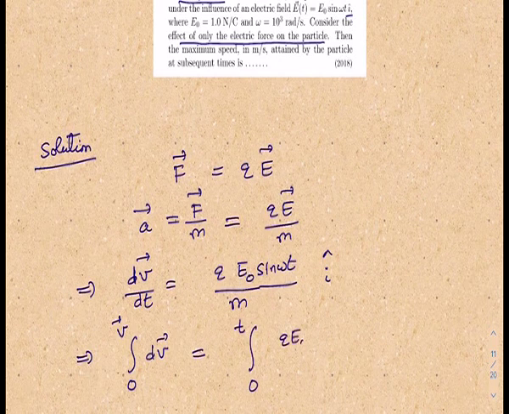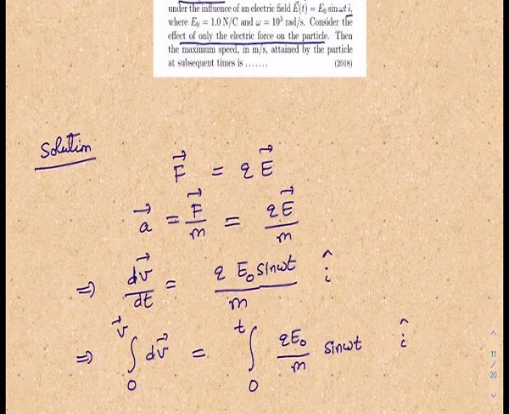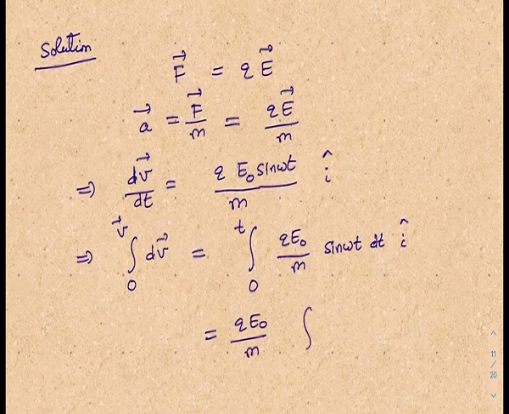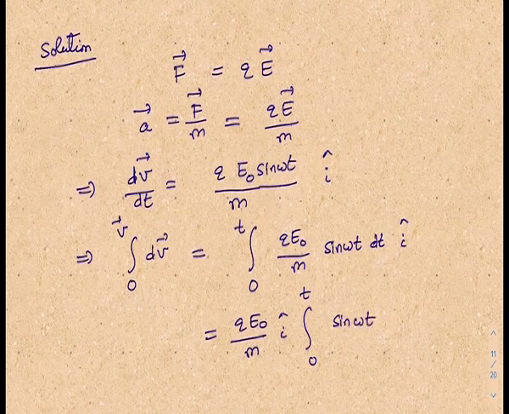So Q E0 by m sine omega t, and this is along I cap, dt. Then I can take the constants out. Q E0 by m, integral from 0 to t, I cap, sine omega t dt.